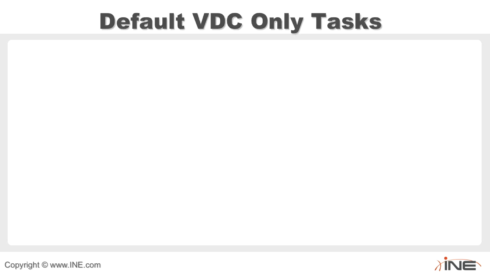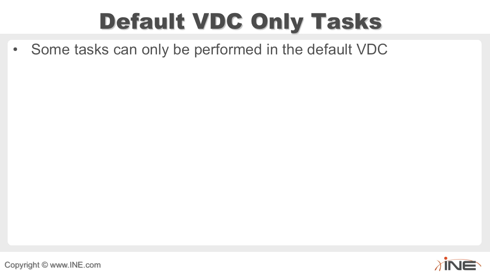Some of the default VDC only tasks. So there are some tasks that can only be performed in the default VDC, and there's actually a number of them. Some of them are VDC creation, deletion, and suspend. So as I mentioned, let's say you have a lab environment or a multi-tenant environment, and you don't want students or customers, respectively, trampling on other students or customers' configurations, or possibly downing VDCs, deleting them, reallocating resources.